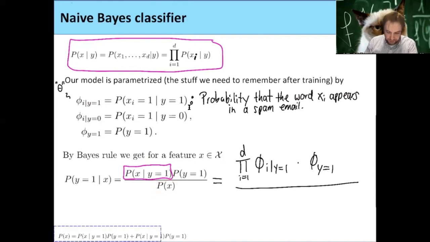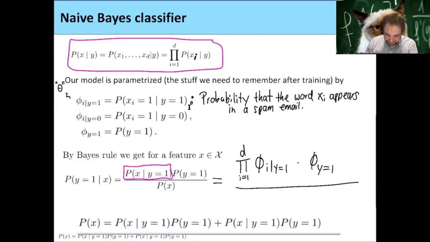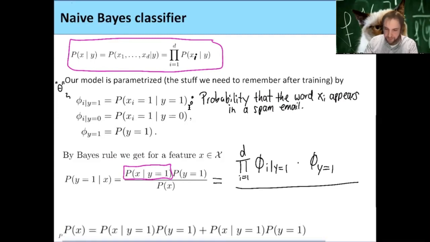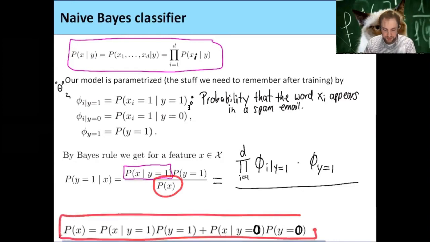And here we can use this. Here for the denominator, we can use this formula which we discussed before.